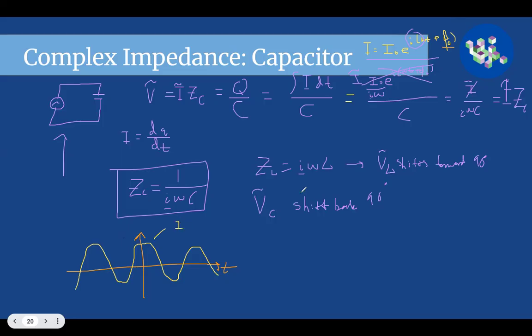And this time, the voltage lags by 90 degrees. So I'll draw the voltage with green. It will be my sine function, right?